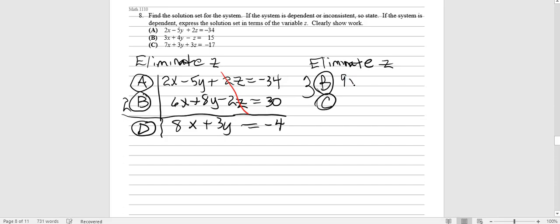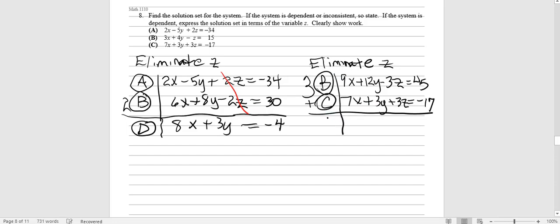So I get 9x plus 12y minus 3z equal 45. And I'm going to add to that equation C, which is 7x plus 3y plus 3z equal negative 17. So I'm going to add those together. And I'm going to call what I obtained here equation E. So I get 16x plus 15y equals 28.